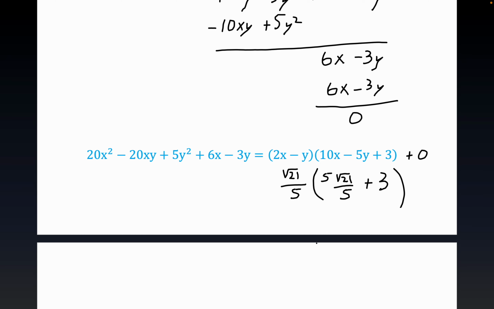And so what do we end up with, folks? We get root 21 times root 21, which is 21 over 5. Let me write it right down here. 21 over 5.